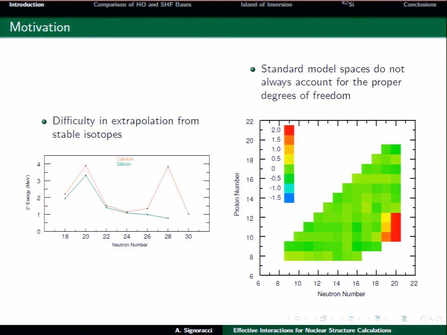And in fact, silicon-42, which was only measured approximately 4 years ago, has a lower 2+ energy than silicon-40 even, and approximately 3 MeV difference from calcium-48. Therefore, when we're determining effective interactions, it's very important to know the type of nuclei which we want to reproduce, whether they're stable or exotic.